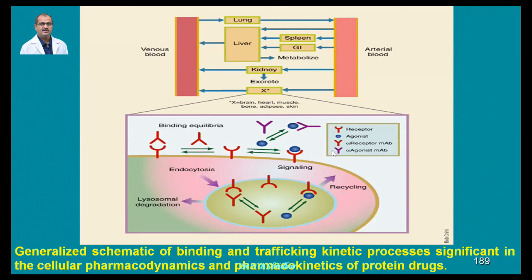Then the agonist is released based on signals, and sometimes the drugs act on the nucleus. Then lysosomal degradation of that particular drug takes place, and once again it is recycled. So the area under the curve is dependent upon so many factors.